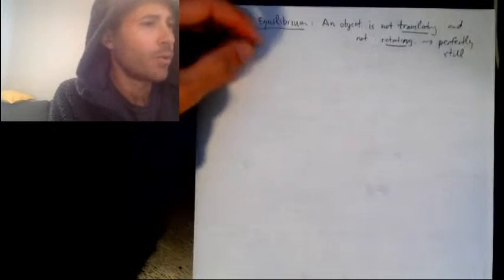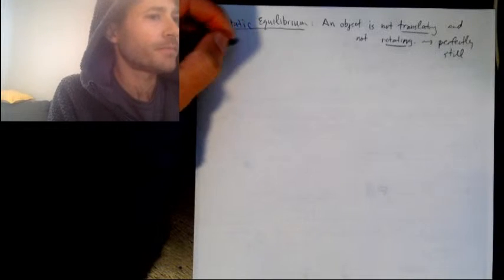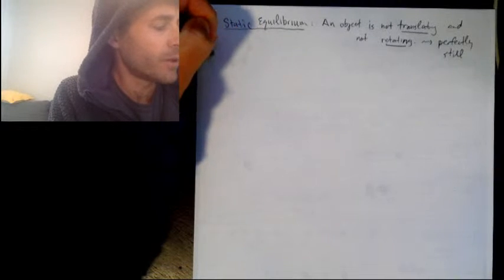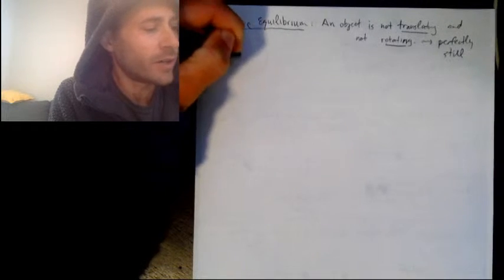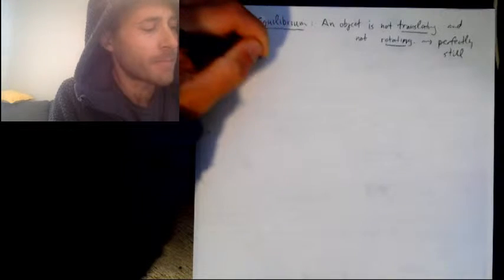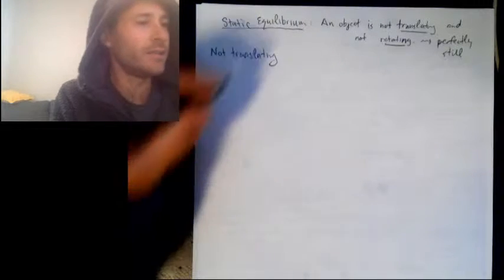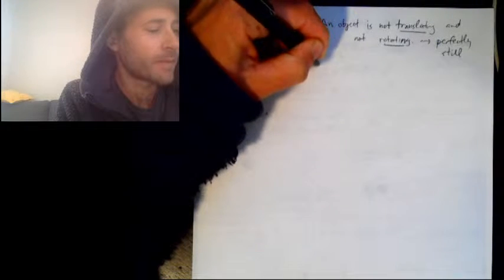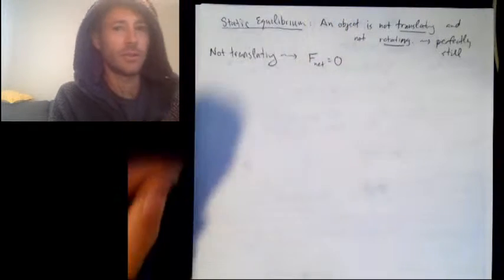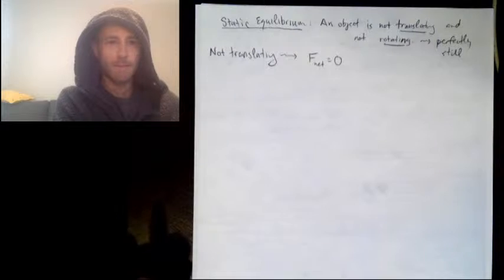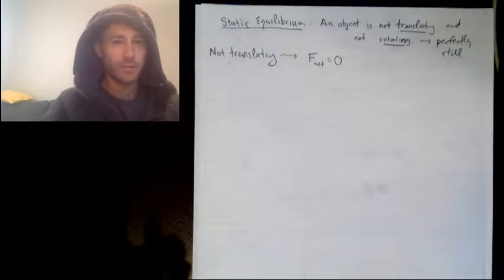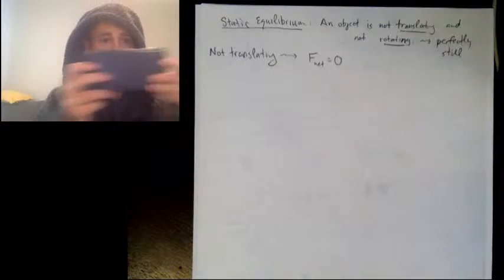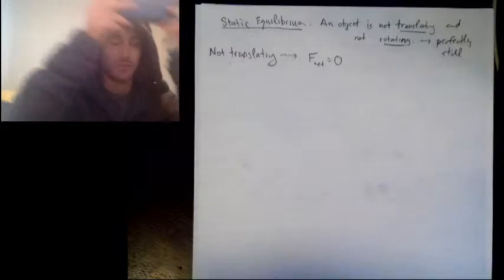So what does it mean if you are not translating? Well, not translating means that the net force on the object is equal to 0. Because if the net force were not equal to 0, it would be accelerating from place to place.